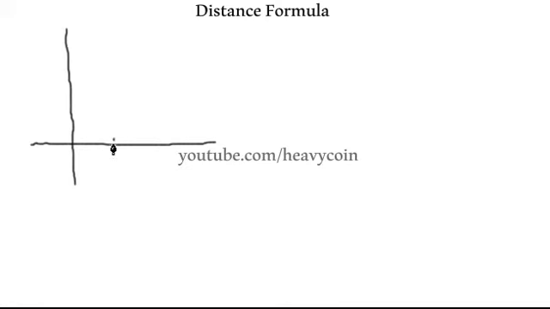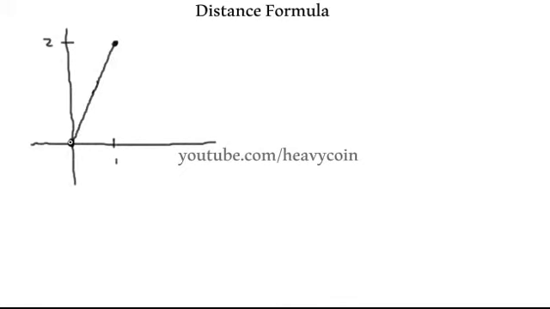So, actually, let's do a quiz here. I'm going to let you figure out, we'll say this is 2 here, what the distance is between the origin and this point right here. Okay, so we want to find this distance. So this is going to be a quiz.